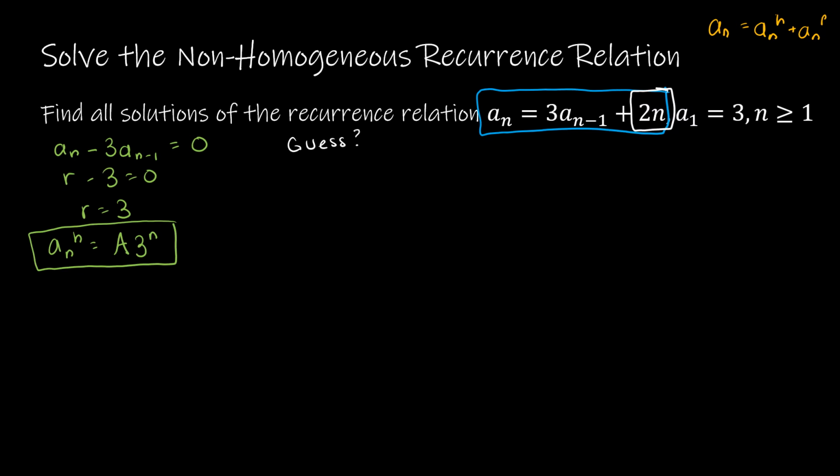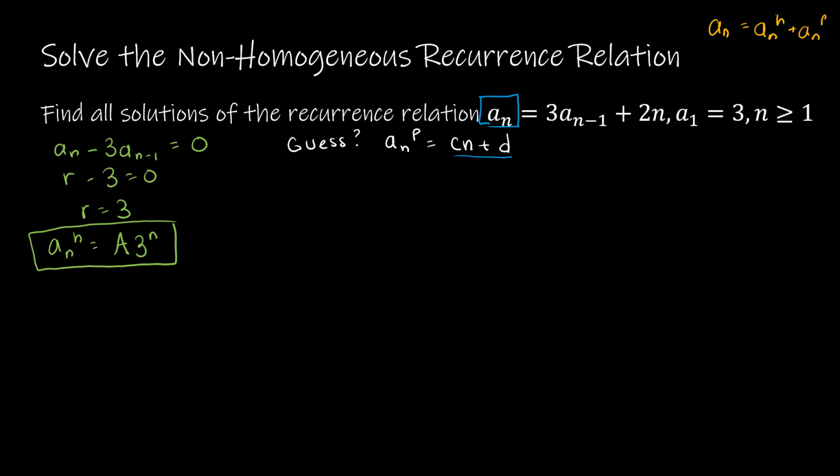And remember that my guess should have been that a sub n p is equal to cn plus d, or you might see that as a0 n plus a1, or whatever variables make your heart beat faster. That's my guess, and the reason that guess is important is because every time now that I see a sub n, I'm going to replace it with cn plus d.